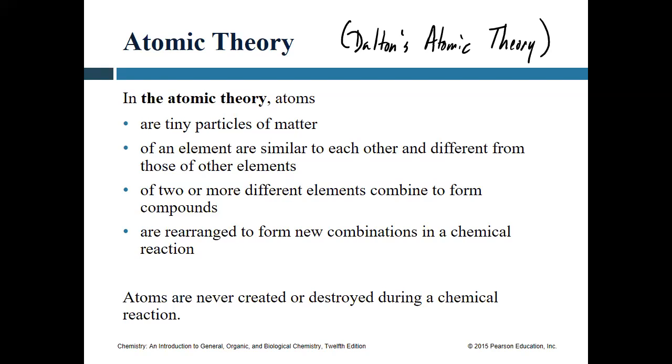Now, if multiple elements combine and form compounds, it'll be those atoms that are going to rearrange themselves to make those compounds. And as we talked about in chapter 3, that arrangement is always going to have a very fixed and well-known ratio. Carbon dioxide is always going to have 1 carbon atom and 2 oxygen atoms in it.